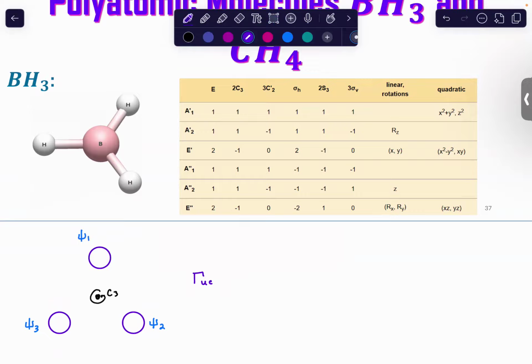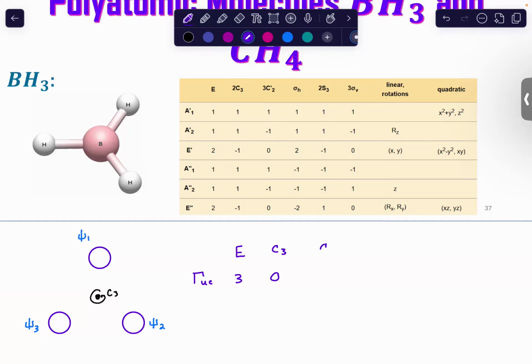Our first symmetry, E: how many of those are unchanged by E? All of them, so it's 3. C3: how many are unchanged by that? None of them.